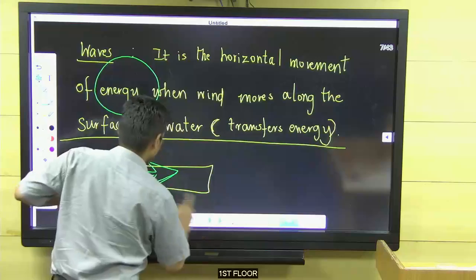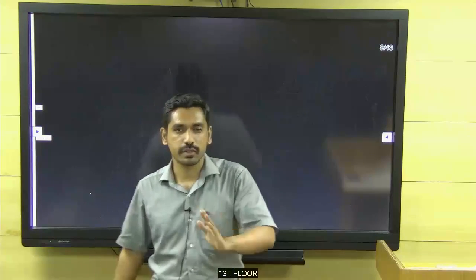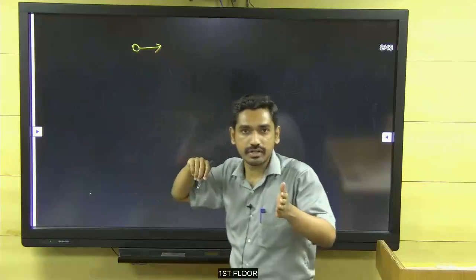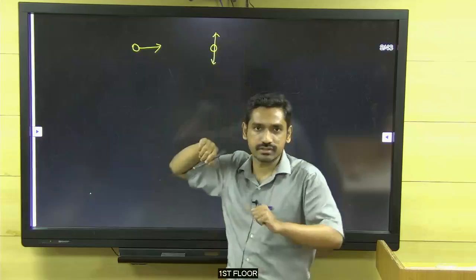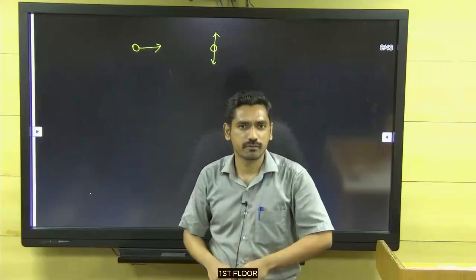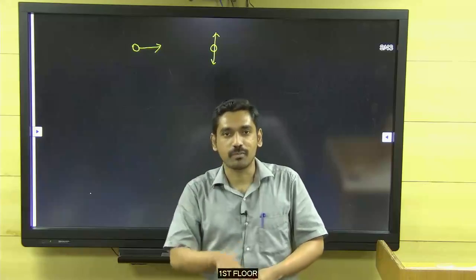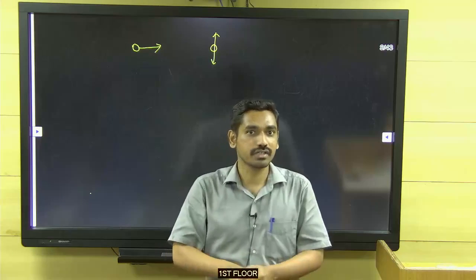Look at this. We have seen P waves and S waves. In P waves, particles vibrate longitudinally along the direction of propagation. In S waves, particles vibrate transverse, that is perpendicular to the direction of propagation. When it comes to wave movement, like the movement of water molecules, it's a combination of both. There is a type of movement called oscillatory motion.